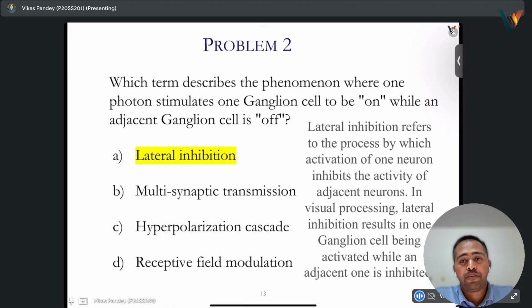This refers to the process by which activation of one neuron inhibits the activity of the adjacent neuron. In visual processing, lateral inhibition results in one ganglion cell being activated while an adjacent one is inhibited. Like a cone, once it is stimulated, the adjacent ones will turn off. That means the related ganglion cell will only be active.